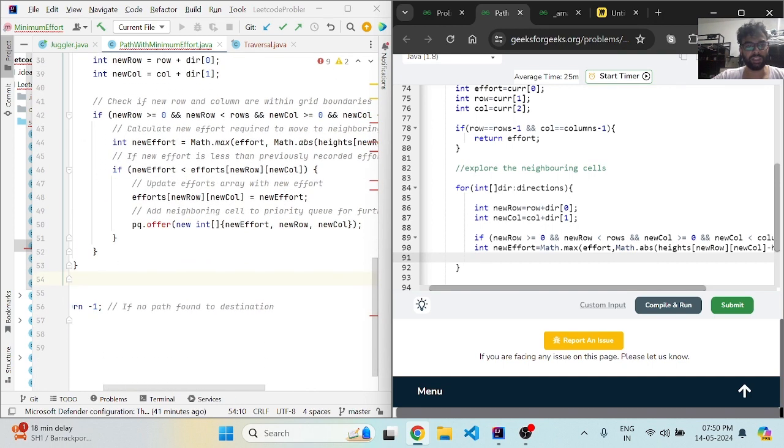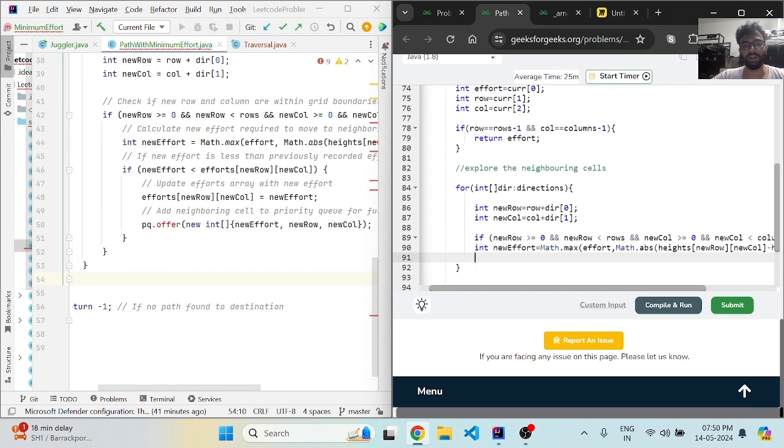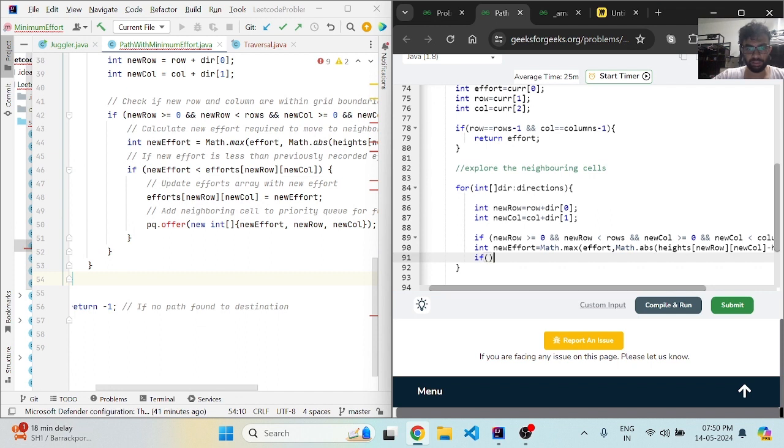Now I'm going to check if the new effort is less than the previously recorded effort. This is an important condition: if new effort is less than efforts of new row and new column.